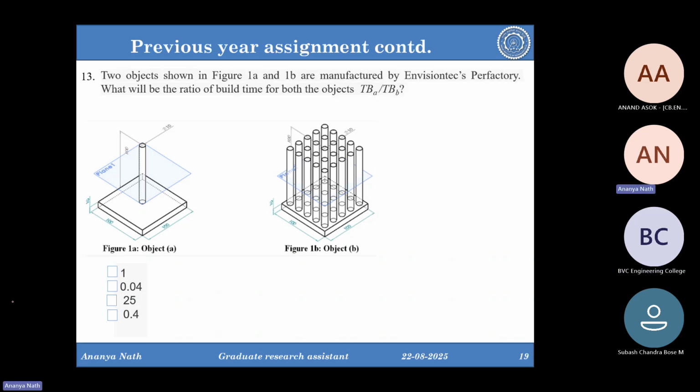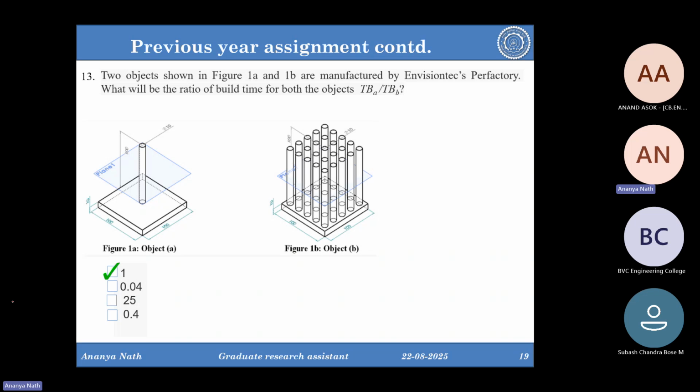Next is again Perfactory. In Perfactory also, whether it is floodlight or flashlight, the light comes at the same time. If you are activating pixels, they will be activated at the same time.